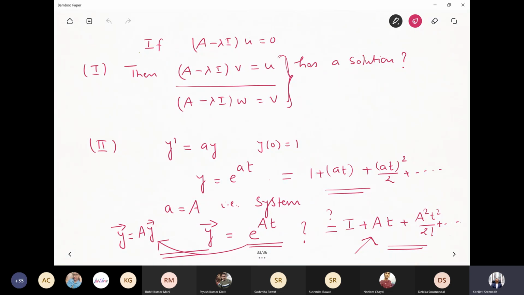U is an eigenvector, that is, a generalized eigenvector of index 1. V is a generalized eigenvector of index 2. That's what I wrote in the last line. So W is a generalized eigenvector.